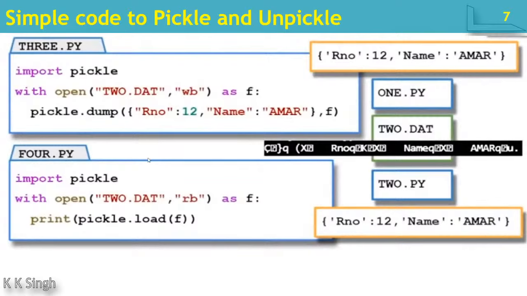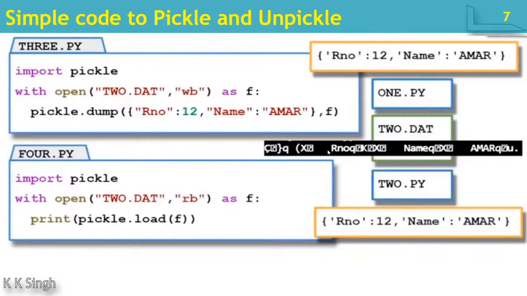Now in the next segment, I am going to read the content of 2.dat. See here, this input is to be stored onto 2.dat, and the program name is 3pi. So the content of 2.dat will be like this.